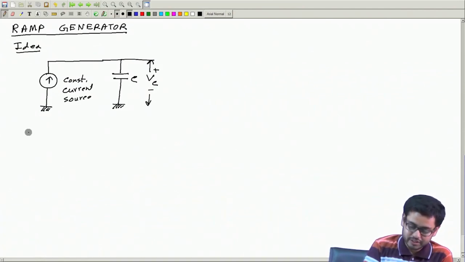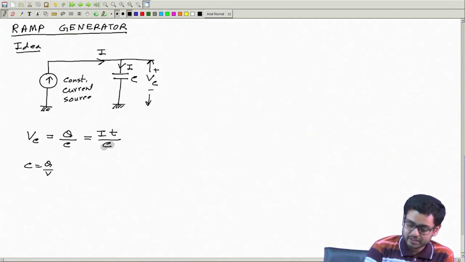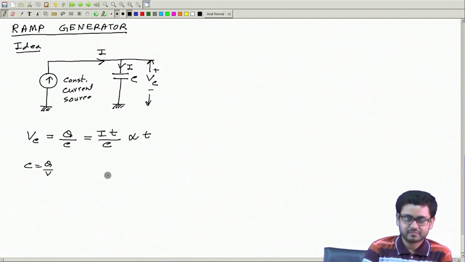Why? Because the voltage V_C is given by C = Q/V. So voltage is given as total charge divided by the capacitance, and the charge is given by this current I multiplied by t, so V_C = I t / C. So this is proportional to time, because I is a constant, C is a constant.